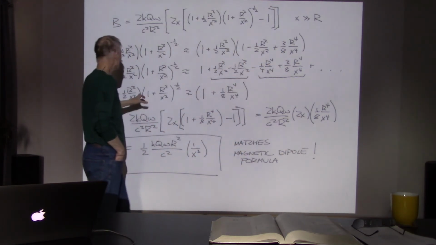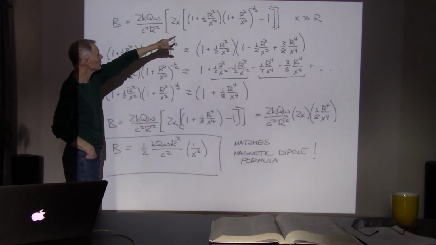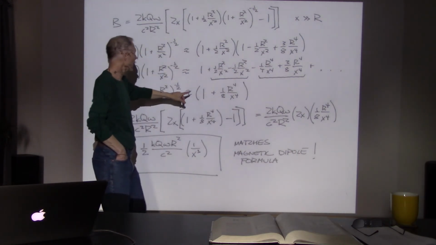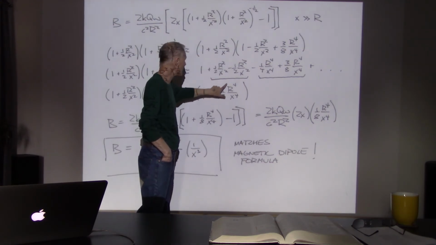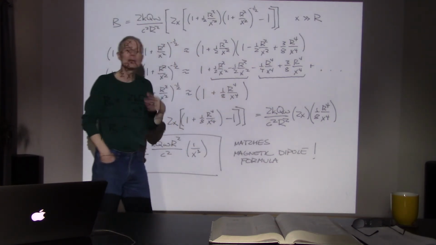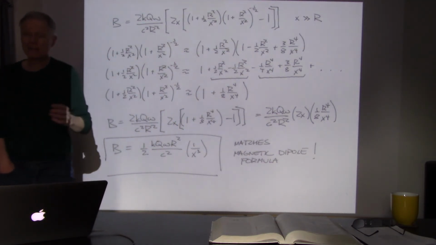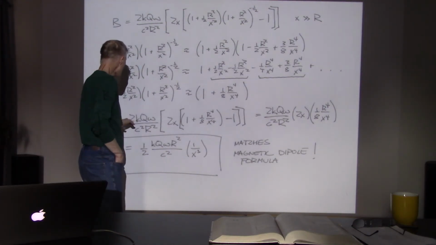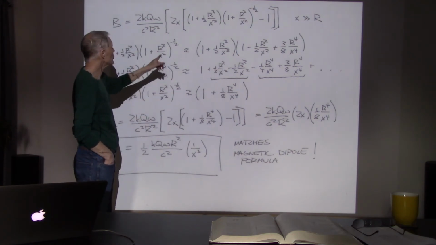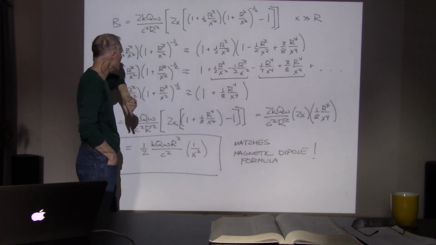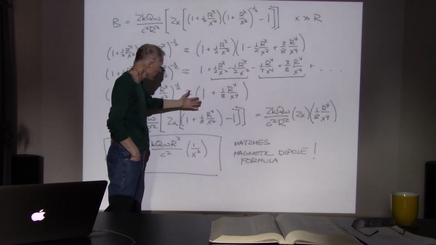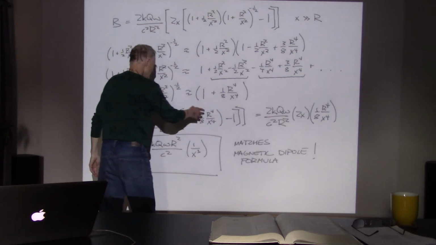So it says that this entire expression in my exact formula can be approximated as 1 plus 1/8 r to the 4th over x to the 4th in the limit where x is much, much bigger than r. Plugging that back into the original formula up there, all that complicated stuff is being replaced with this complicated stuff, but it's a bit simplified.